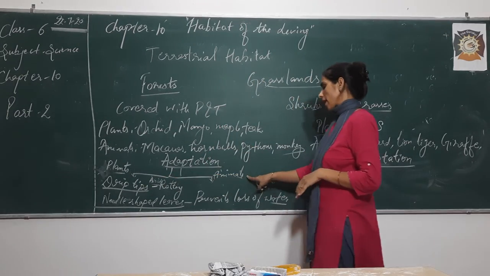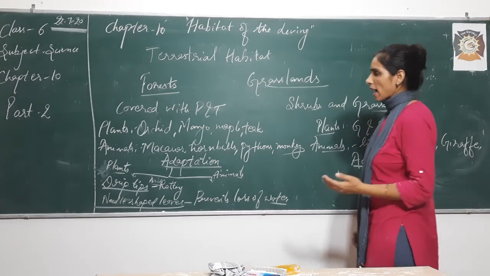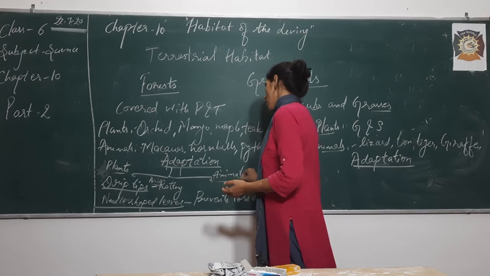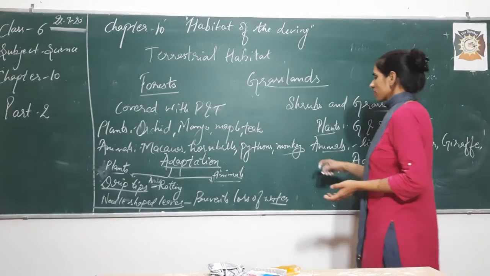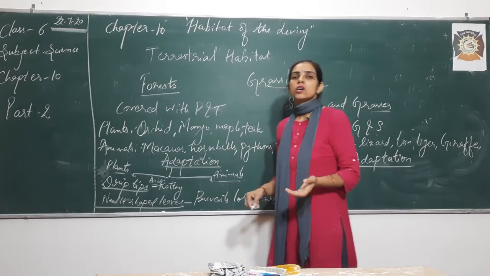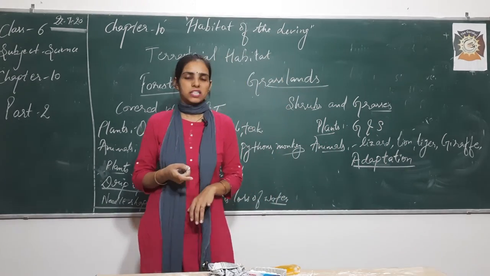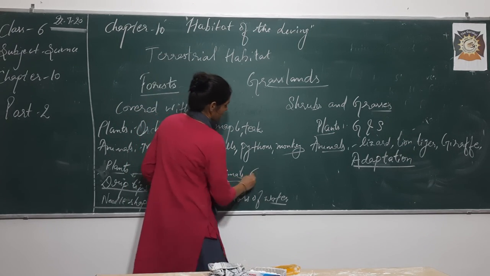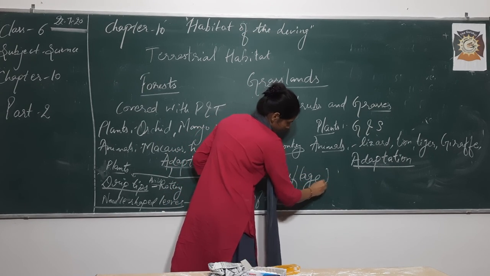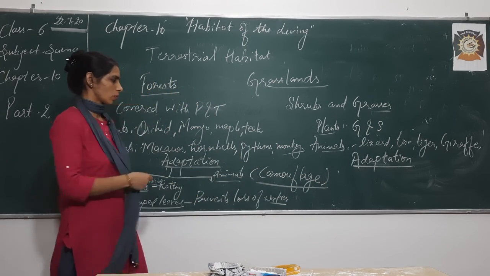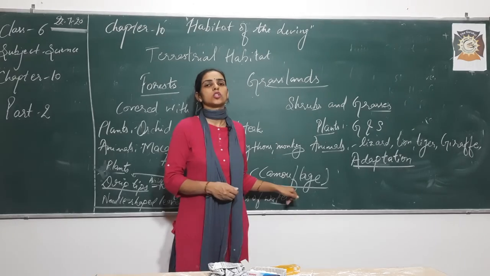Now let's come to the animals. What adaptations are being used by these animals? We have animals like macaw, hornbills, pythons, monkey, lizards. These animals have a special feature which we call camouflage. Firstly you should know the meaning of this term.